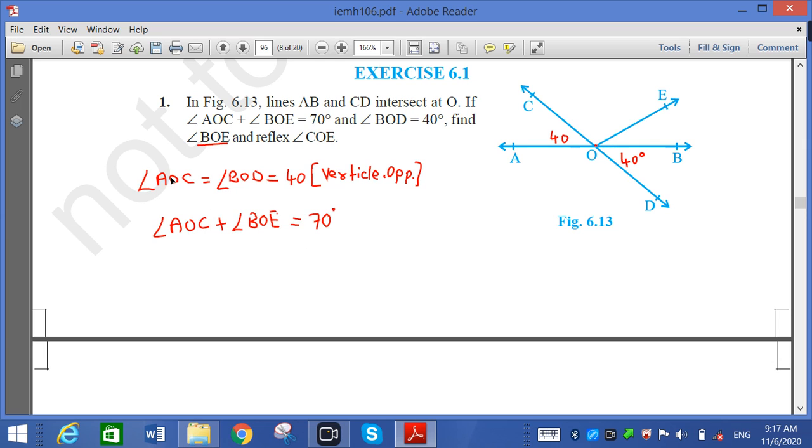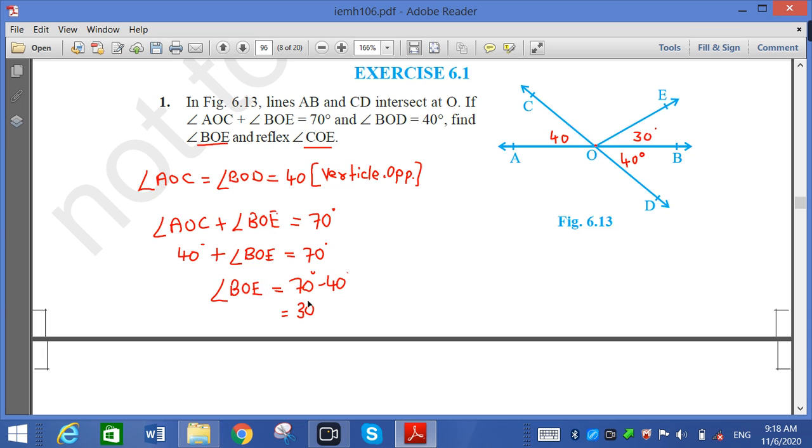Now AOC, that we already got as 40, plus angle BOE is equal to 70. Therefore BOE is equal to 70 minus 40, that is 30 degrees. So BOE is equal to 30 degrees.